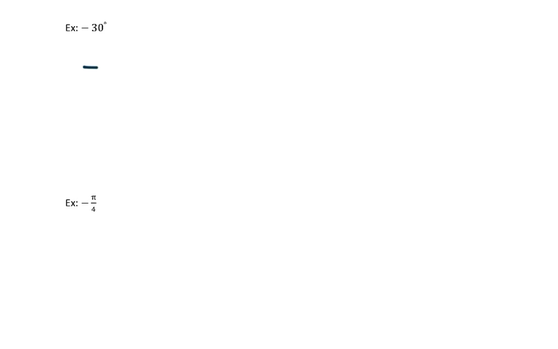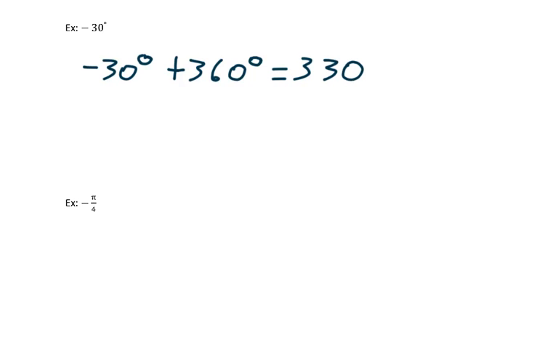Okay, so we have negative 30 degrees. Well, we want to get a positive angle, so let's try adding 360 degrees. If we do that, what we're going to get is 330 degrees.